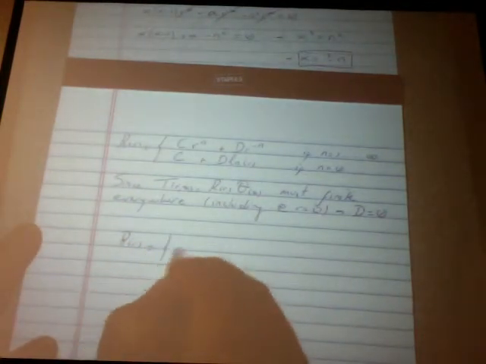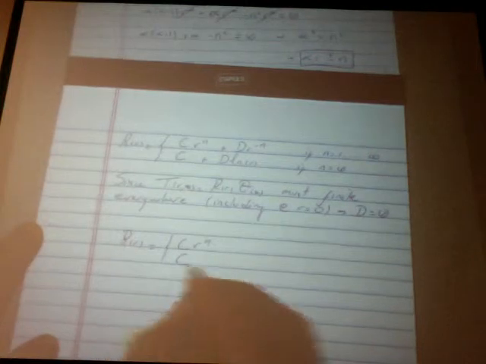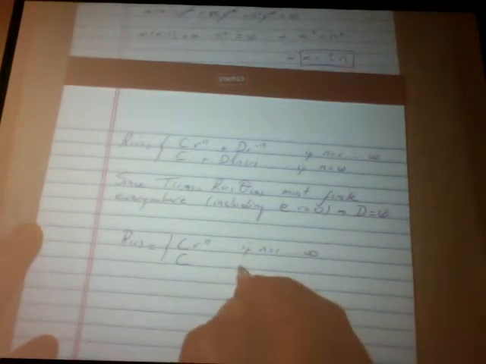That's a conclusion that we always make when we have solid circles or solid cylinders. So R of R is then equal to either C r to the n if n equals 1 through infinity, or C if n is equal to 0. Well, that's pretty straightforward. It's the same. When n is equal to 0, r to the 0 is equal to 1. So these two are the same.